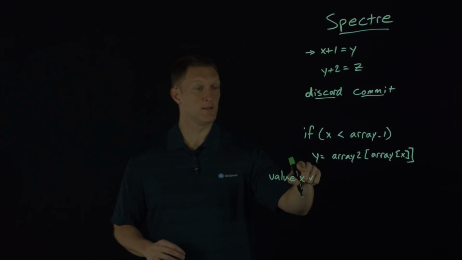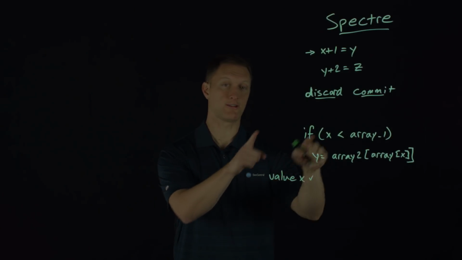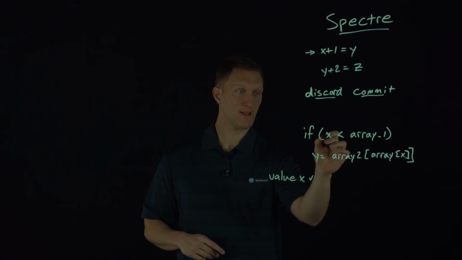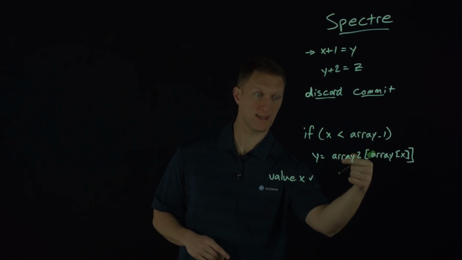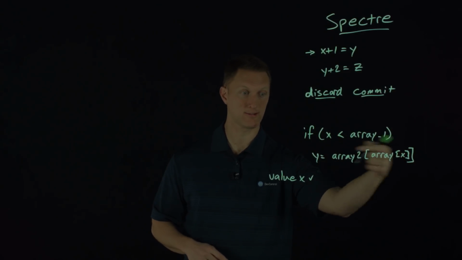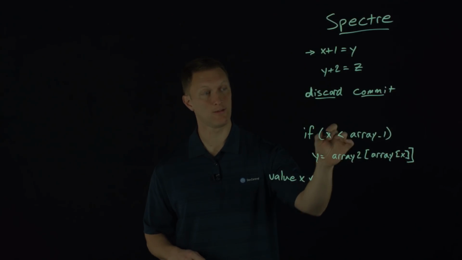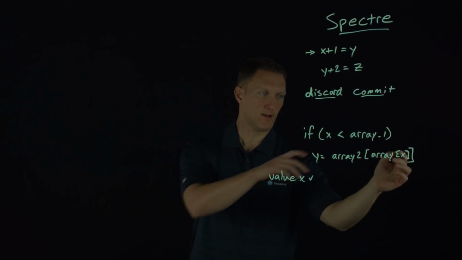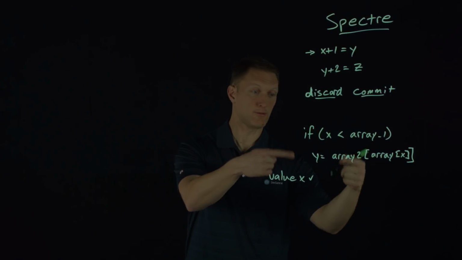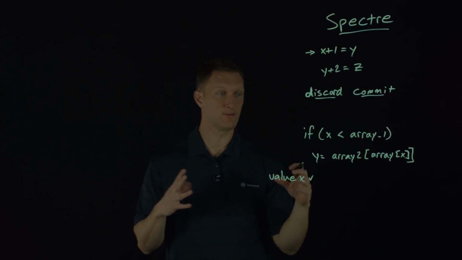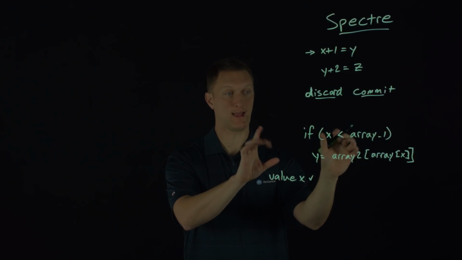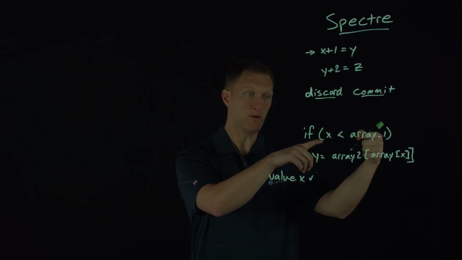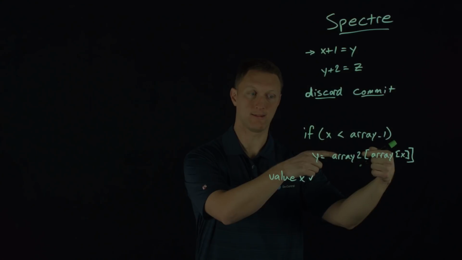It's good, because at first they're going to essentially train the processor: first value for x is less than array1, so it kicks off this instruction right here and sets the value for y based on the value they put in for x. They do that several times, and the processor starts to say, okay, I understand now that this value of x is typically less than array1, so I can go ahead and do this next instruction.